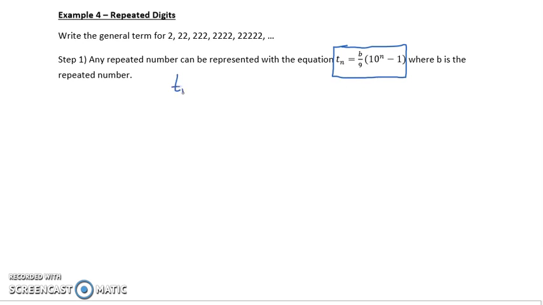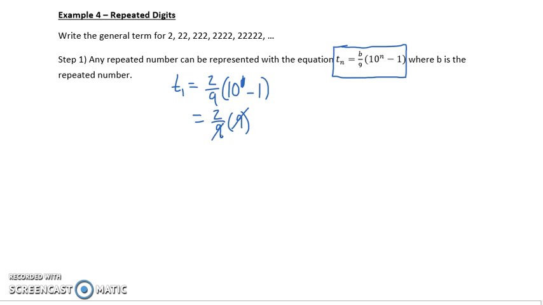If we have T1, in the case of 2, 22, 222, etc., then I'm going to go 2 over 9, because b is the repeated number, times 10 to the power of 1 minus 1. And what we get is 2 over 9 times 10 to the power of 1, which is 10, minus 1, which is 9.